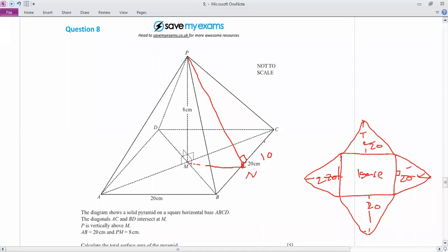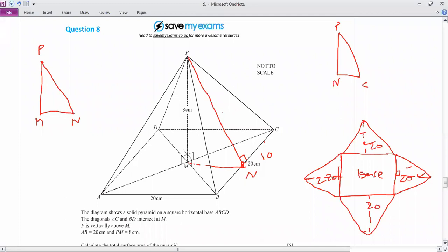Okay, so two triangles will be formed. One triangle is this one, this triangle is PNC, and there is another triangle that I made here, this one. This is PMN.